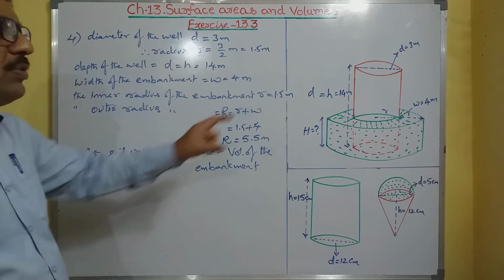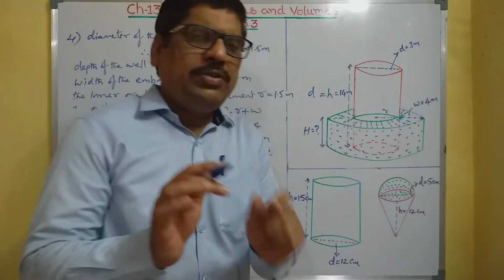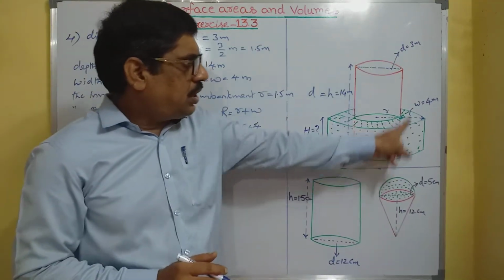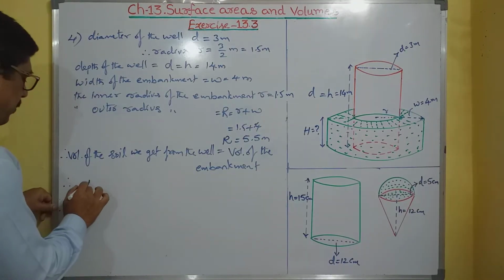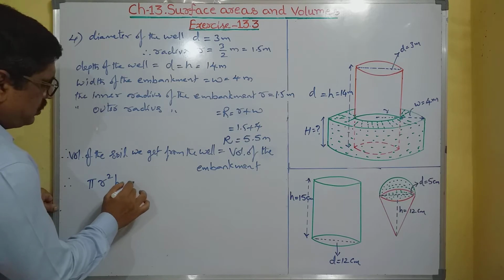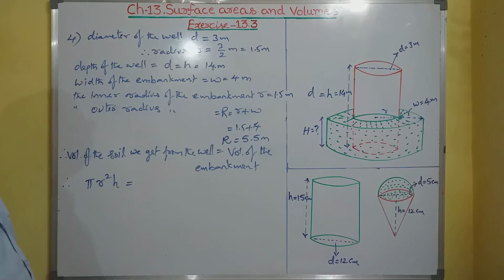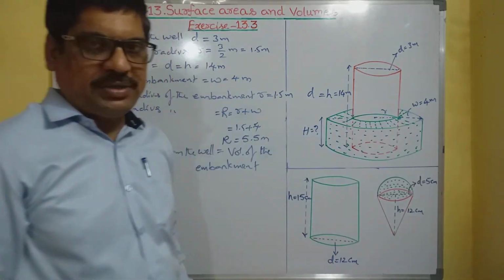What is the volume of the soil from the well? What is the shape of the well? Observe the red color one, which is a cylinder. So we can take it as pi r square h. And at the same time, what is the volume of the embankment?